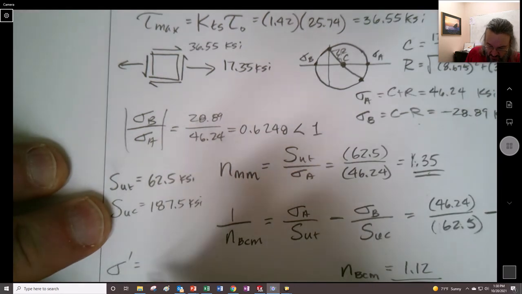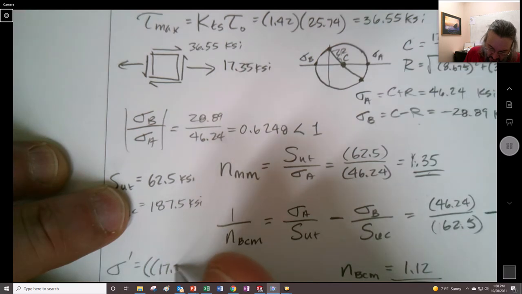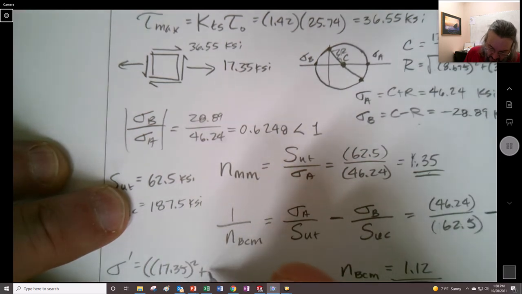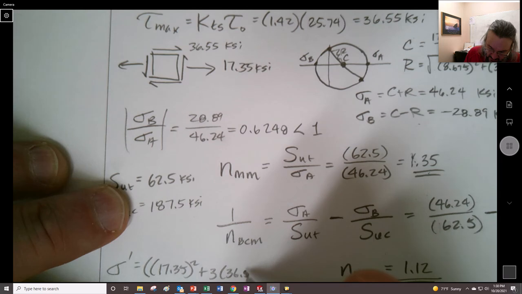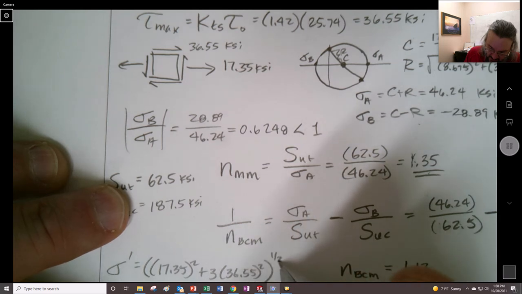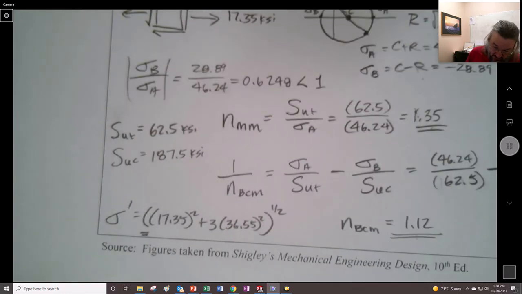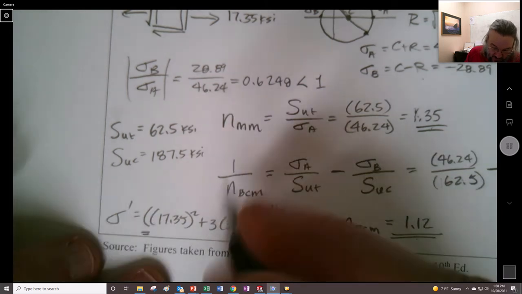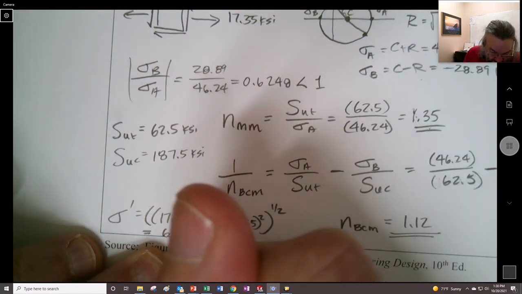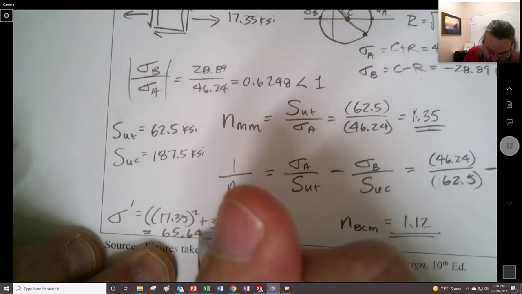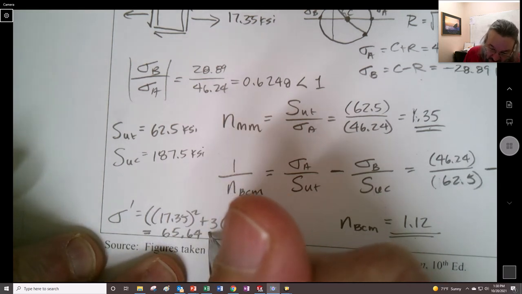I'm going to use the maximum, so the square root of 17.35 squared plus 3 times 36.55 squared. Taking the square root of that, I get 65.64. Are these KSI? Yes, KSI.